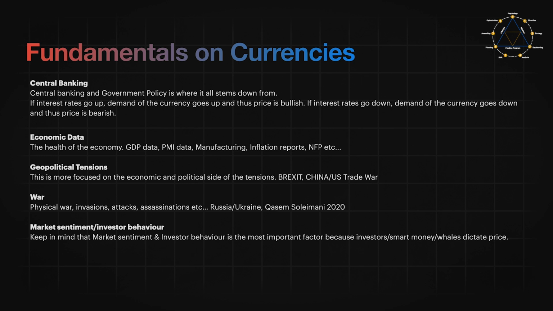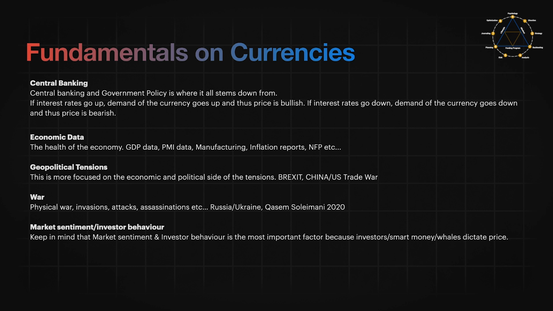If interest rates go down, the demand of the currency goes down, and thus price is bearish. The government can come up with policies to increase government expenditure by lending money from the central bank and thus increasing inflation, which in return devalues the currency and causes weakness in the currency.